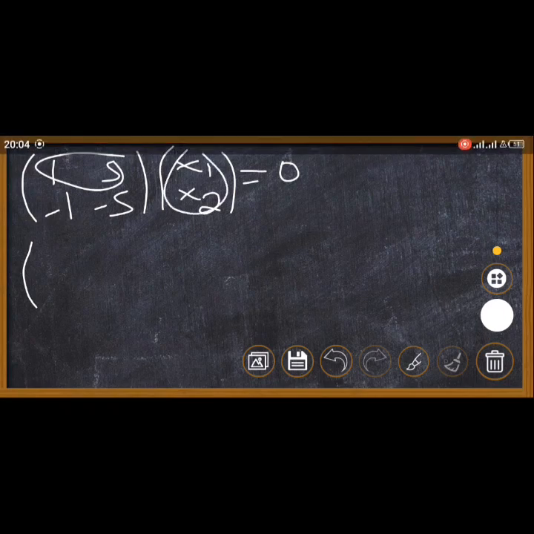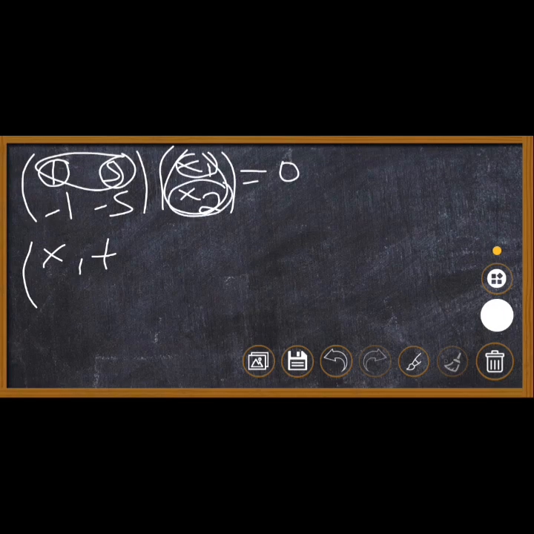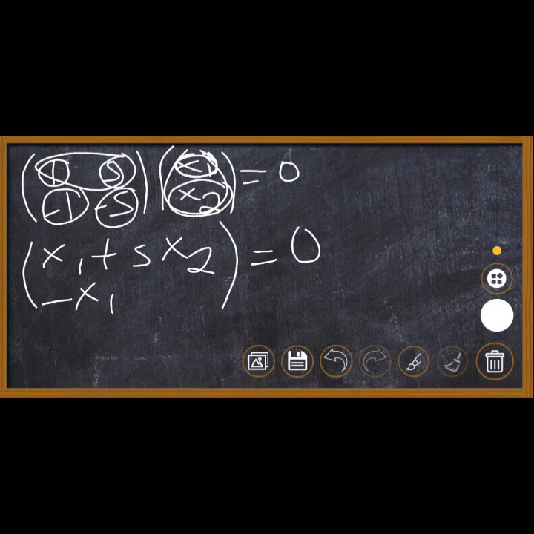So we are going to have 1 multiplied by x1, just x1, plus 5 multiplied by x2, we are going to have 5x2, in the brackets equal to 0. So we have also -1 multiplied by x1 on top here, we are going to have -x1, and then -5 multiplied by x2, so -5x2.